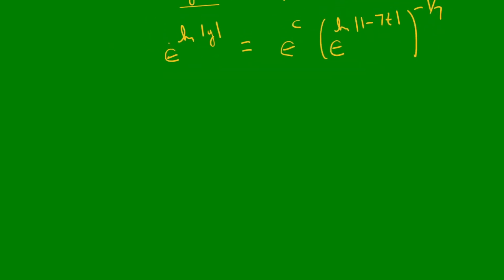Now, using the fact that they're inverse functions, on the left we get the absolute value of y, and on the right we get e to the c times the absolute value of 1 minus 7t raised to the negative 1/7.